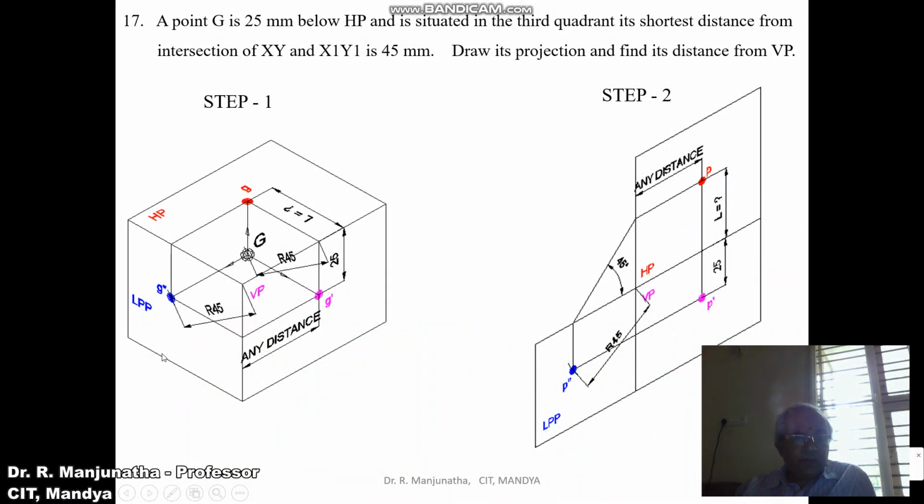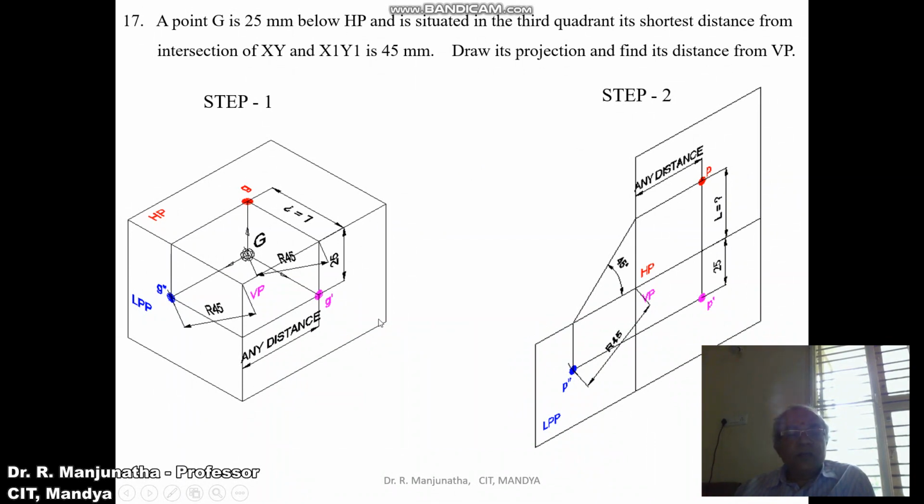When you look from the left side view, we can see the shortest distance here. That image will fall on the left profile plane. And when you look from the front view, we can see the distance below HP, so that distance can be seen in VP. The distance with respect to the profile plane can be any distance because he has not mentioned any distance there.